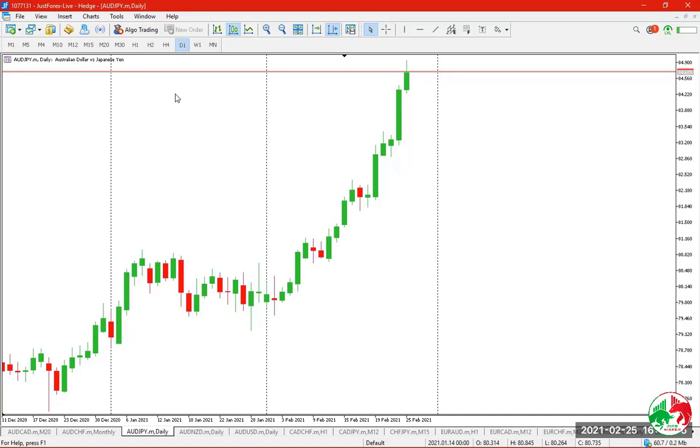That brings us to the end of the session for today. Is it the end of the session? Yes. So we've covered the types of bases, which are the rally-base-rally and the drop-base-drop. And then we also covered the reversal bases, which are the rally-base-drop and the drop-base-rally. We've also covered the 5 odds enhancers.